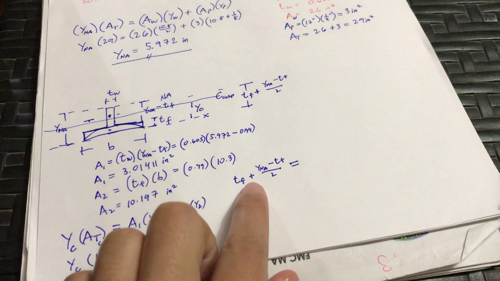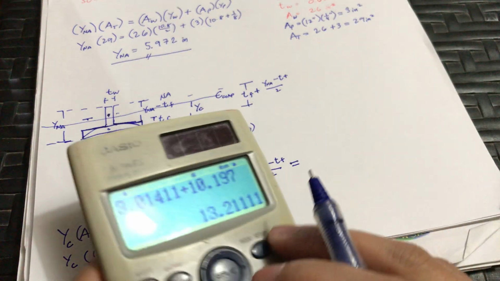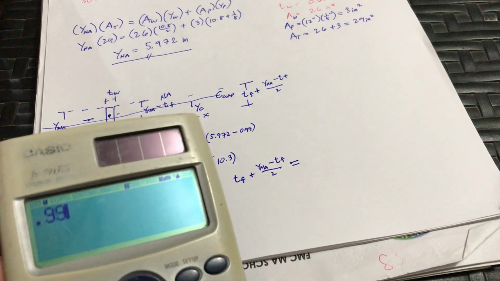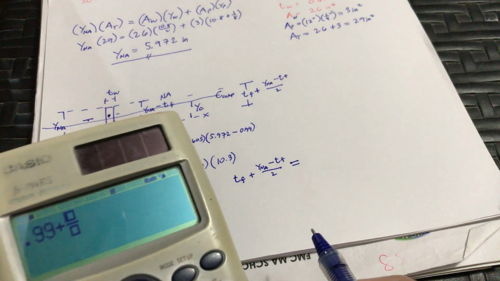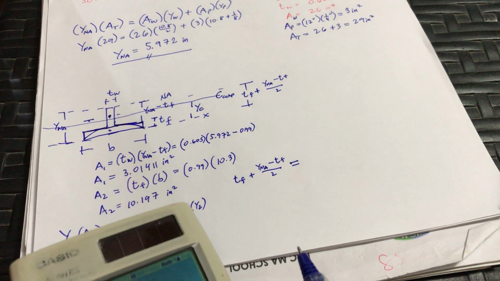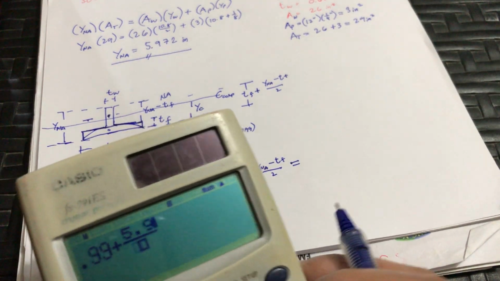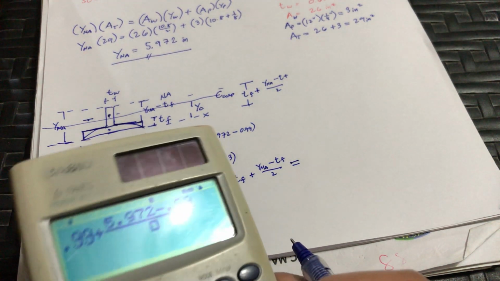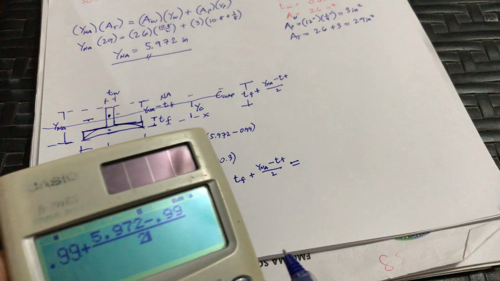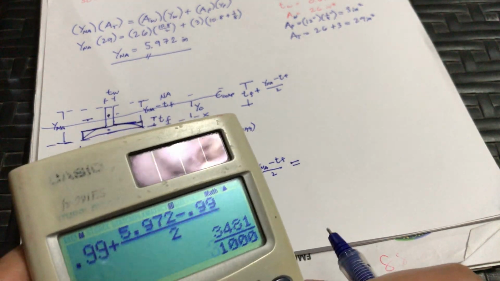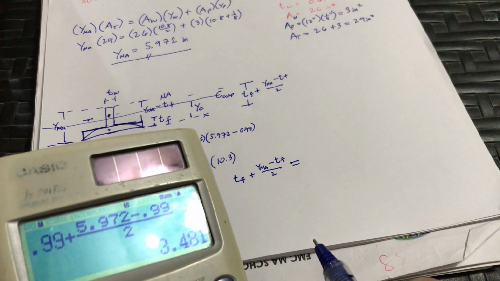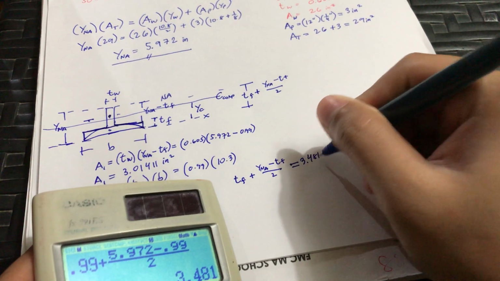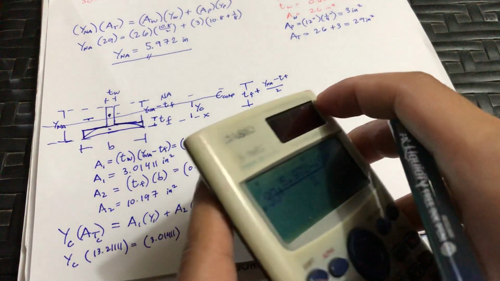Let's solve this to simplify. TF is equal to 0.99 plus YNA, 5.972, minus TF, 0.99, all over 2. So this is 3.481 inches.